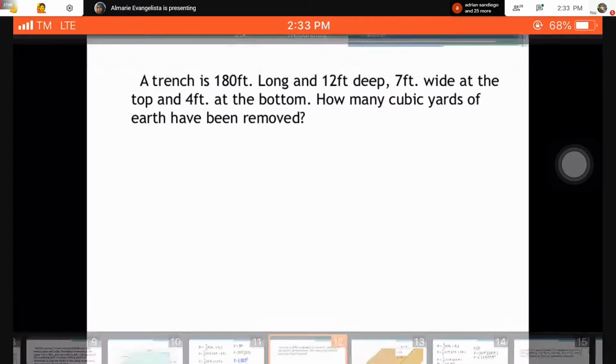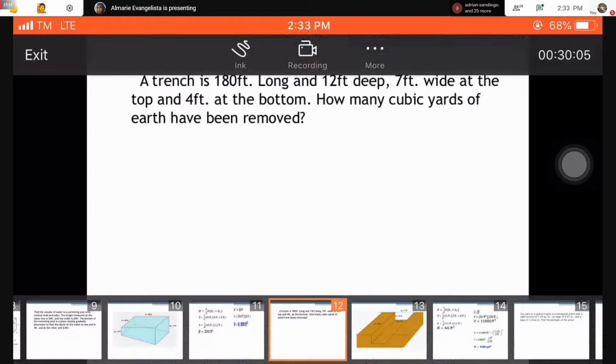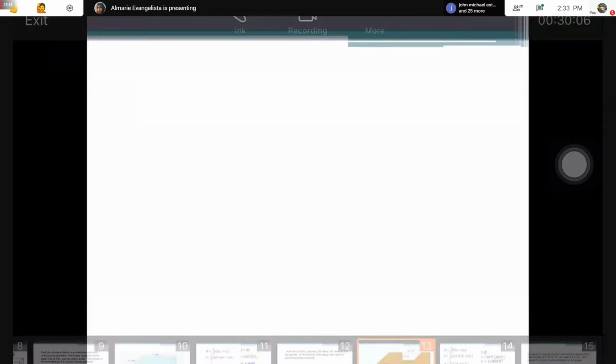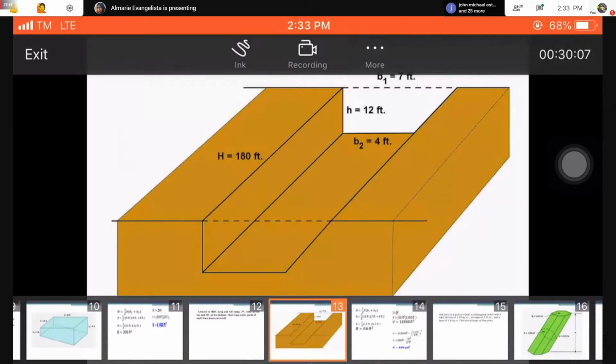Yan. So, pakita ko na yung figure. Ito yung figure natin.